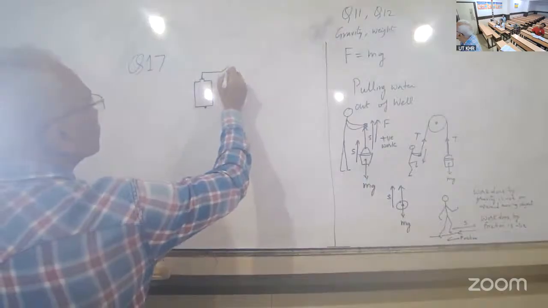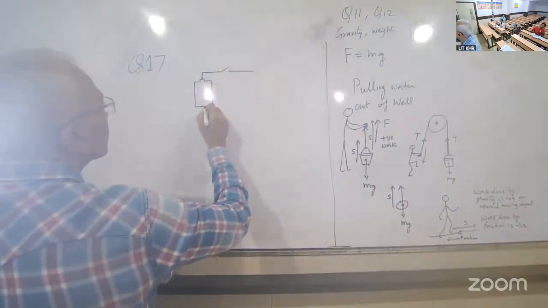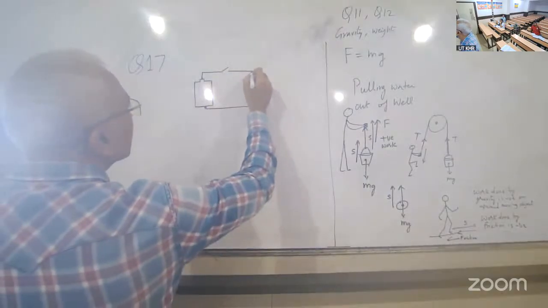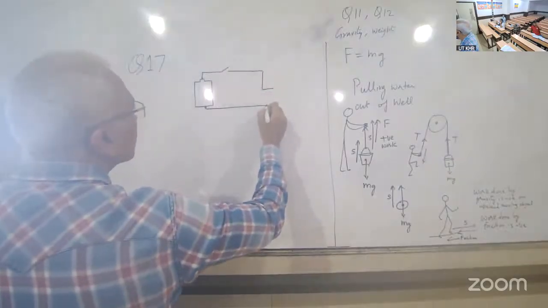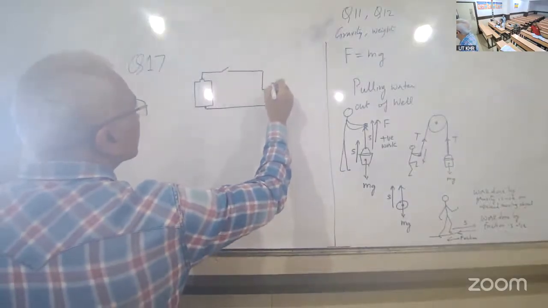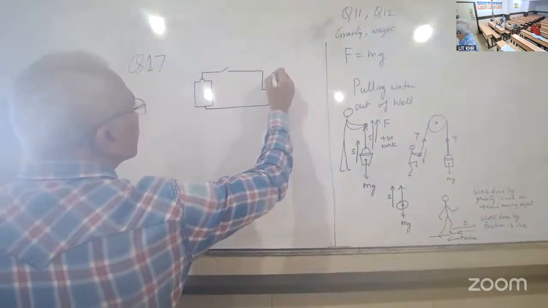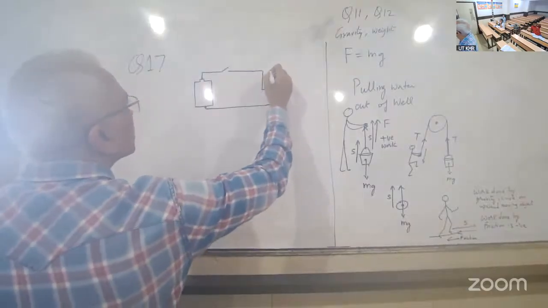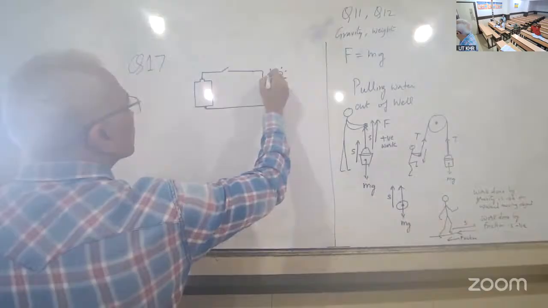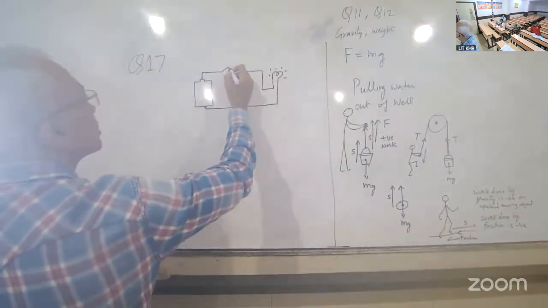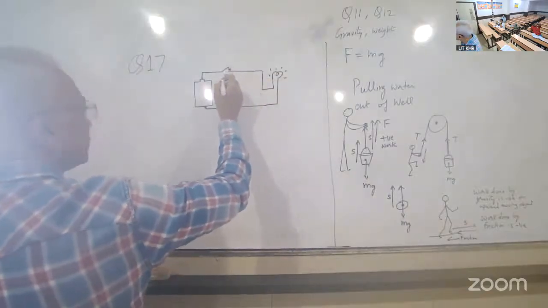So let's say this is the bulb. When you close the switch, let's say this is the switch.